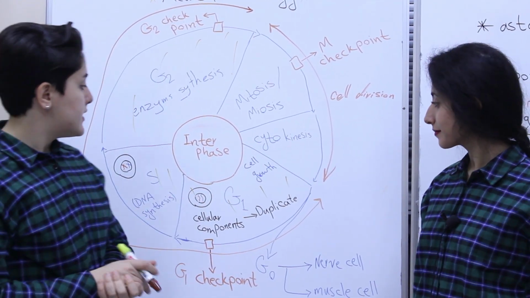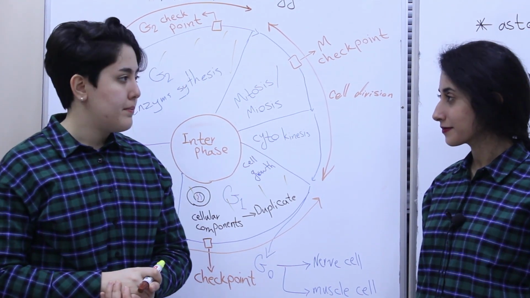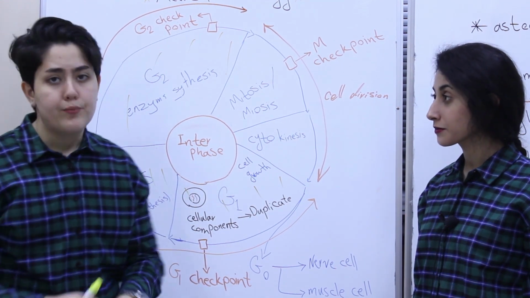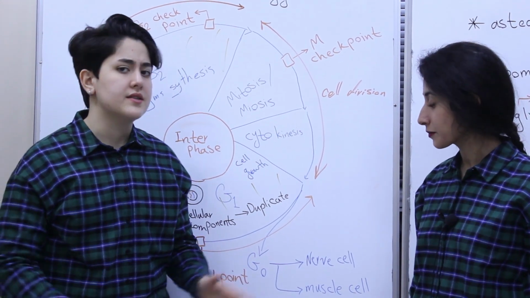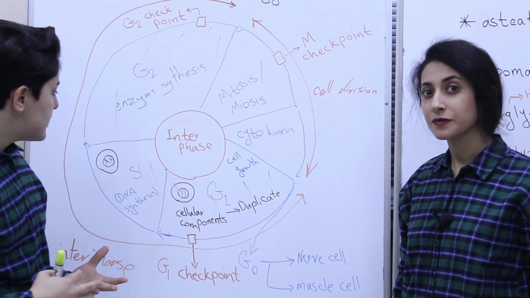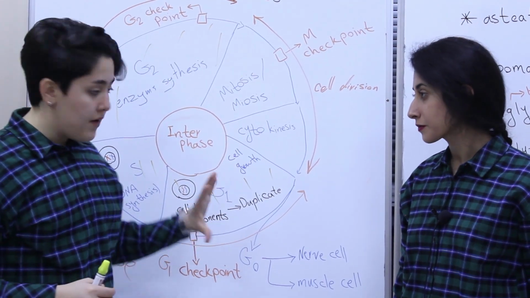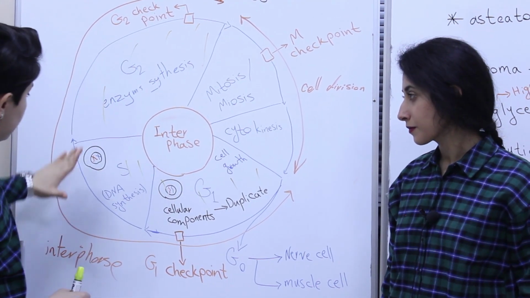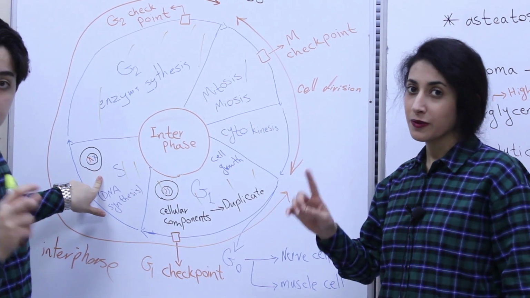Here, this is G1 or gap 1. Here we have cell growth, protein synthesis, cell metabolism, and the normal and usual activities of the cell. Then after that, we have the S subphase.